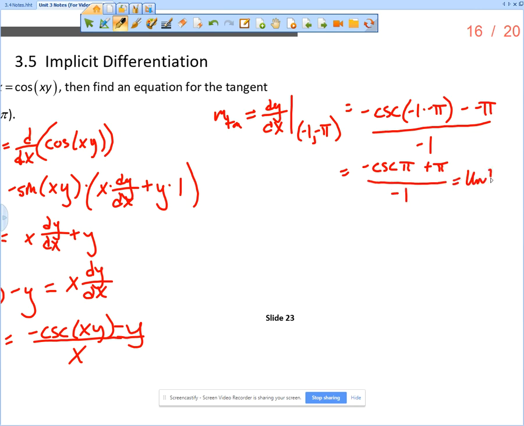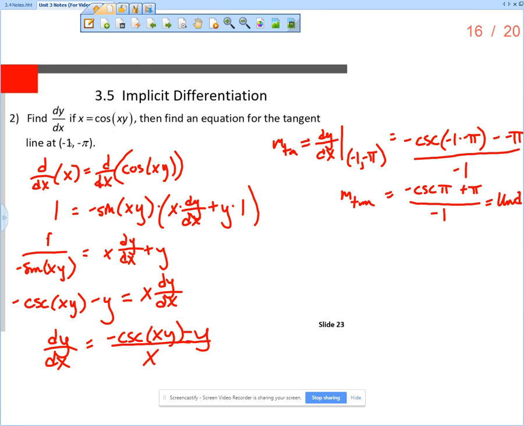So what does that mean? The slope of the tangent line is undefined. So what kind of line has a slope that's undefined? Well, it's a vertical line. And so we have a vertical line that goes through the point negative 1 comma negative pi.